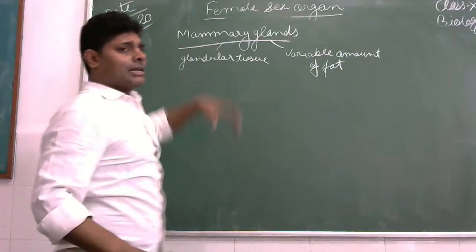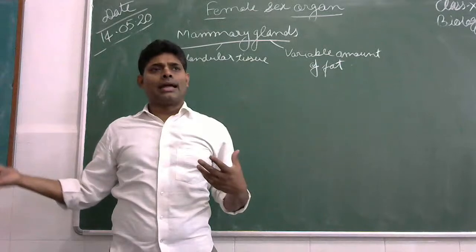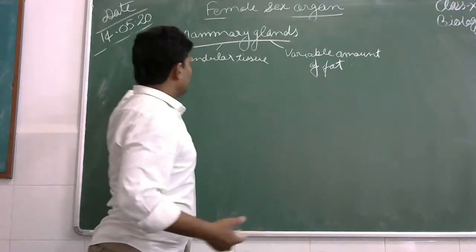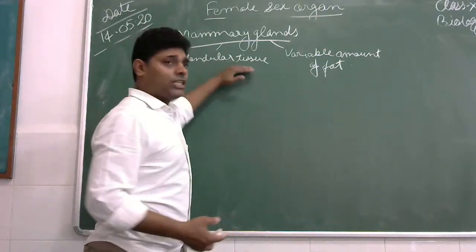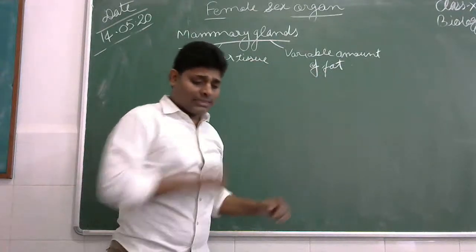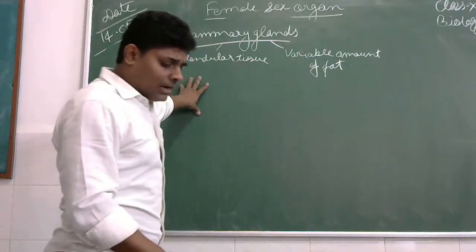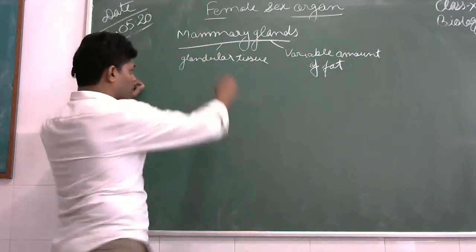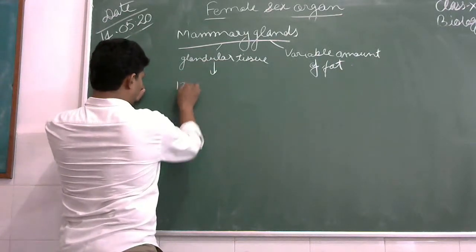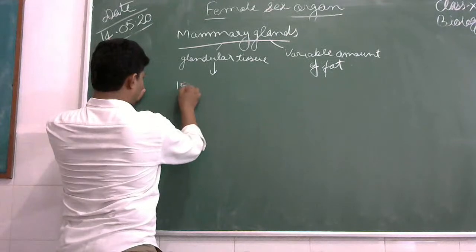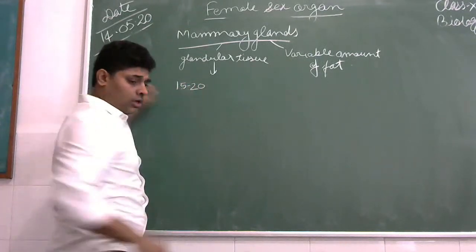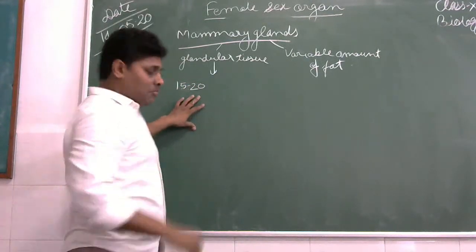They have two mammary glands, right and left breast. The glandular tissue divides into 15 to 20 mammary lobes.